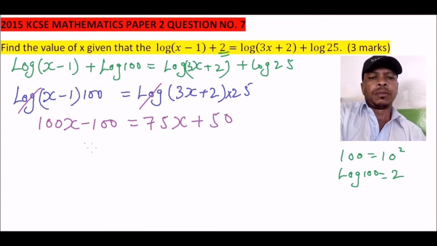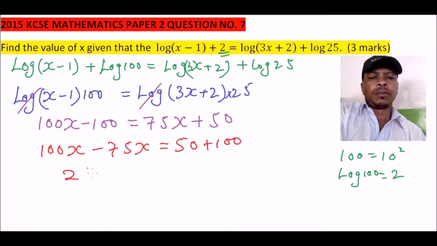We can bring the like terms together. So you have 100x minus 75x. So when 75x comes to this side, becomes negative, and 100 becomes positive once it crosses the equal sign. So it is 50 plus 100.